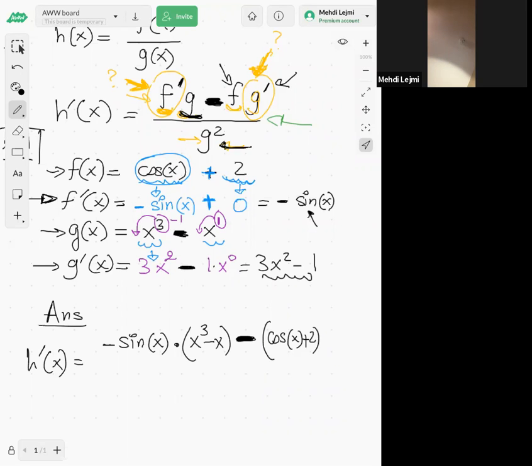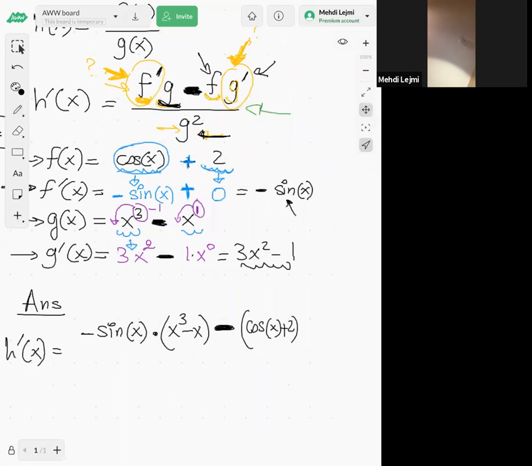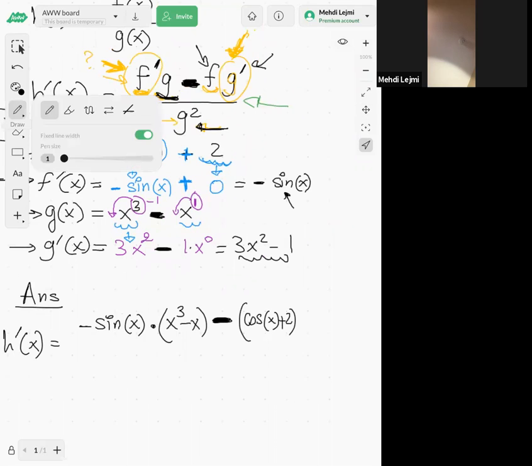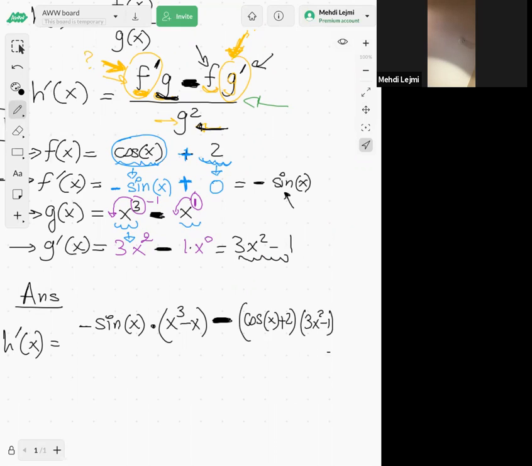So times the 3x squared minus 1. All right. And as we said, in the denominator, it's always g squared. So it's x cubed minus x. That's my g. And I'm going to put the square.